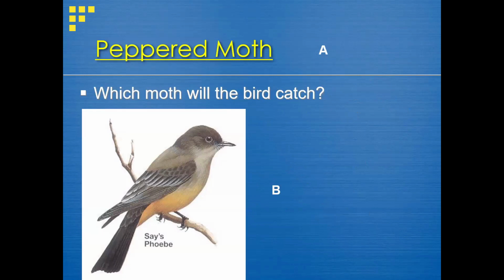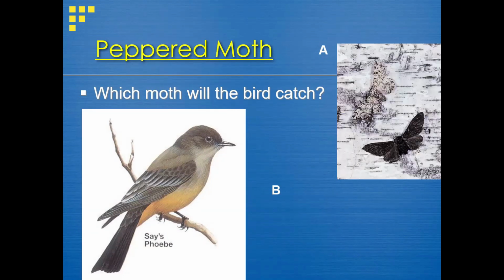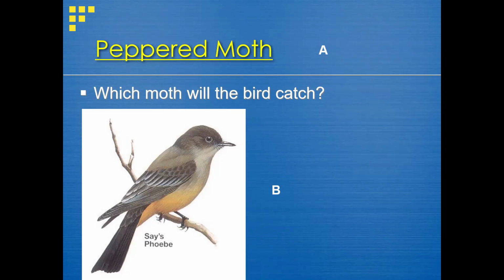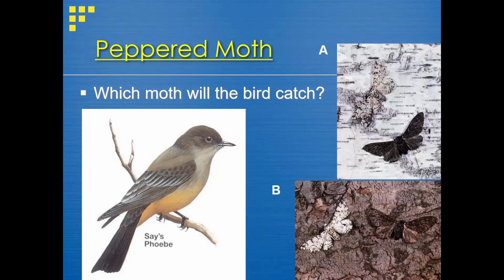So now, let's look at the peppered moth. Which moth will the bat catch? Okay. So now, look at A and B. Ladies and gentlemen, if you can see clearly, look at the A here. If you look at the environment here, which one actually appears obvious? This one, because the bat can easily identify this moth here.